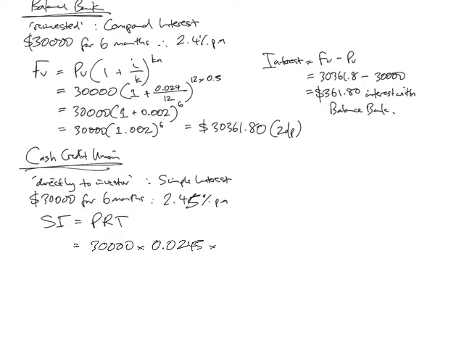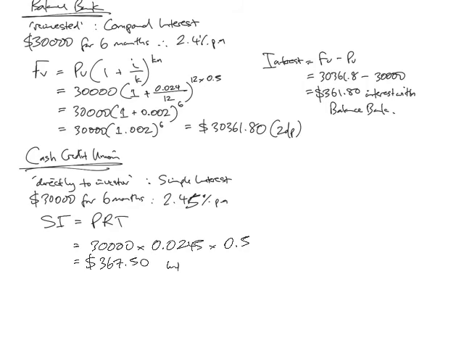Well, it's going to be a half, 0.5. 6 divided by 12 is going to be 0.5. So work that out on the calculator. 30,000 times 0.0245 times 0.5. That comes to $367.50. And that tells you the interest straight away.